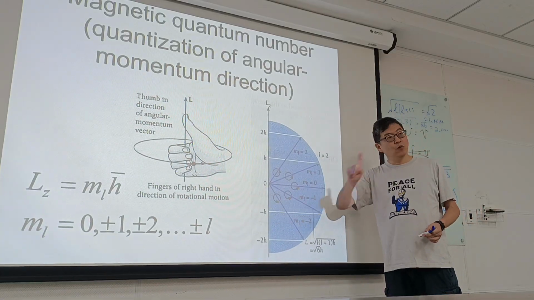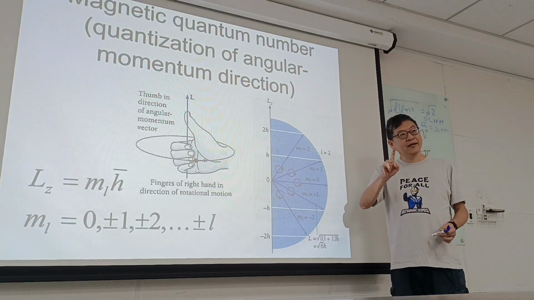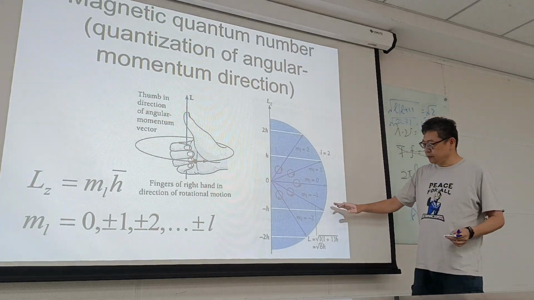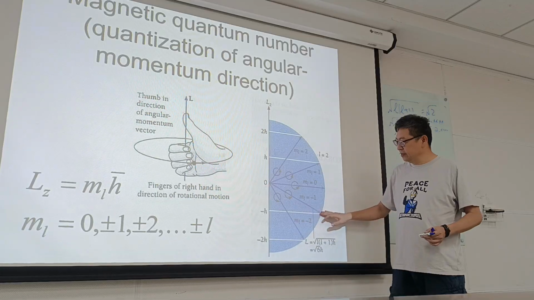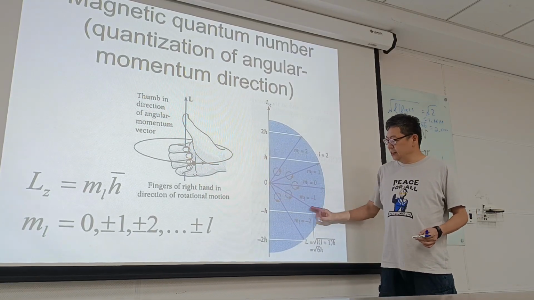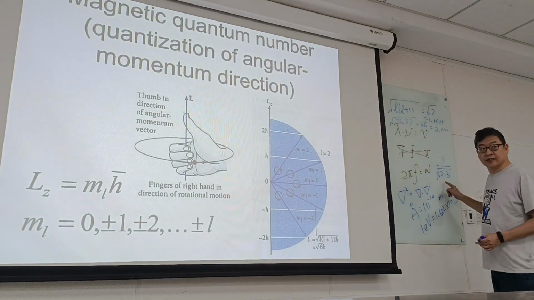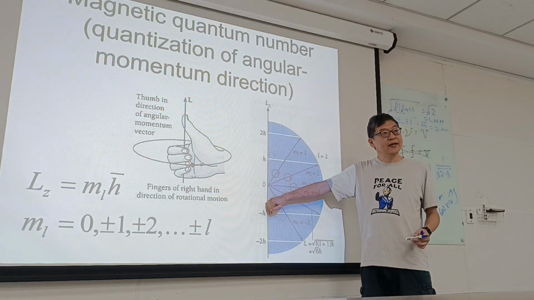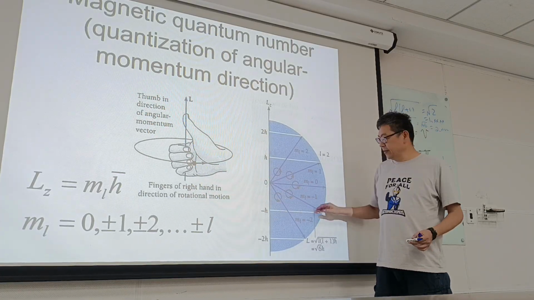This is 1. For this triangle, this is the square root, and this is 1.